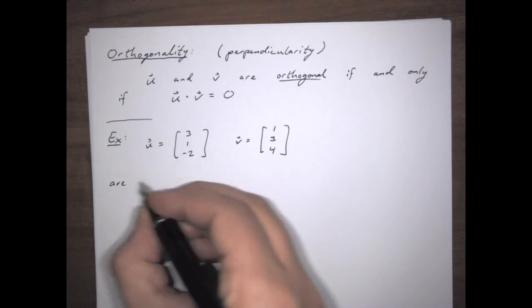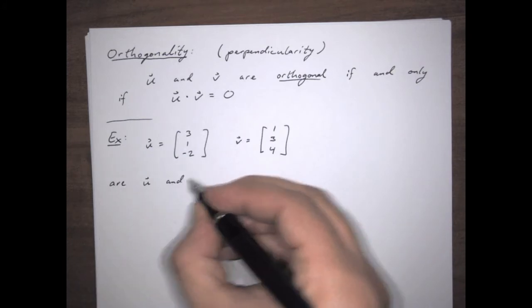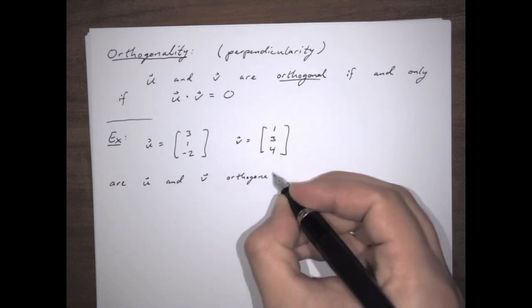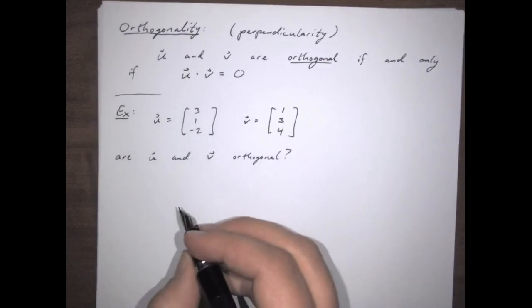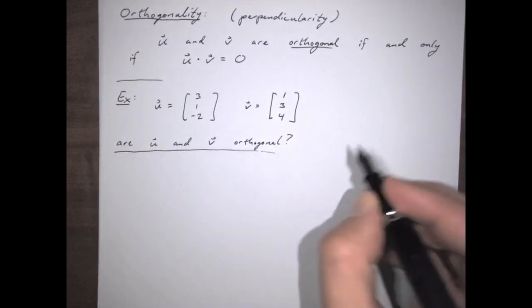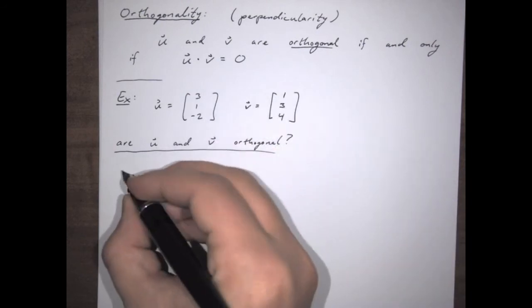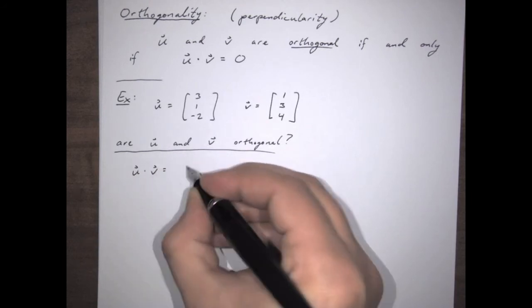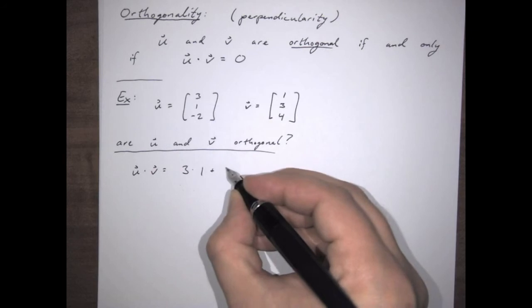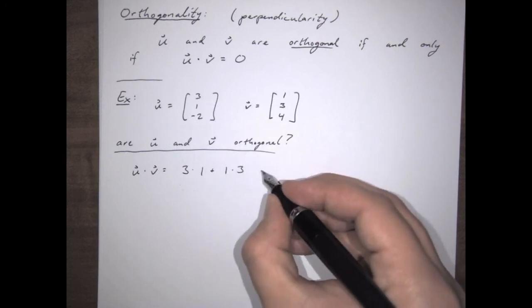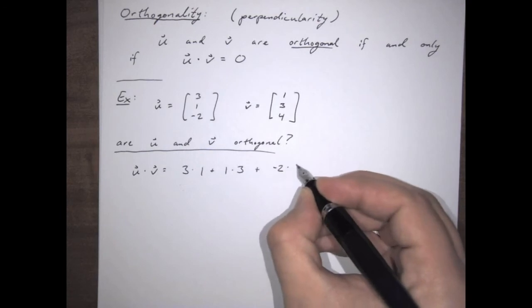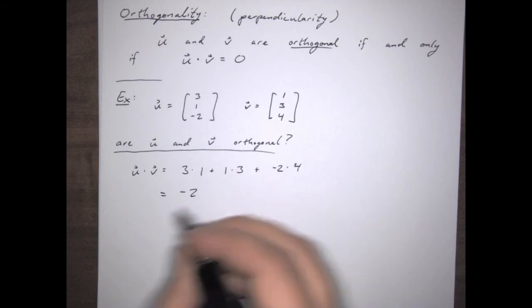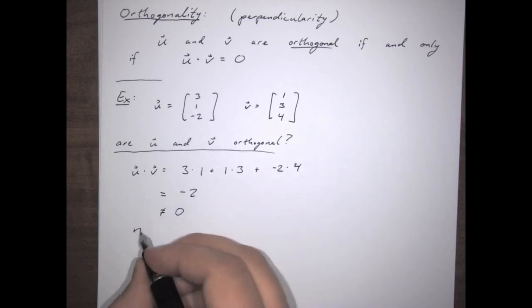So are u and v orthogonal? Well, you just crunch the numbers and see for yourself. So what do we have? We have u dot v is equal to 3 times 1 plus 1 times 3, and then plus negative 2 times 4. So it's going to be 3 plus 3 minus 8 is negative 2, which is not equal to 0, so no.